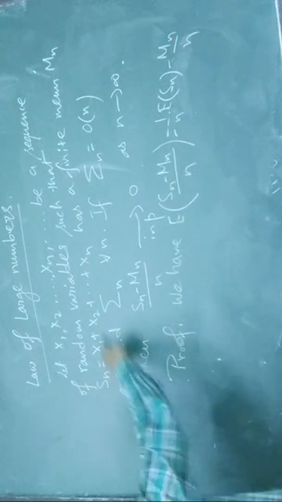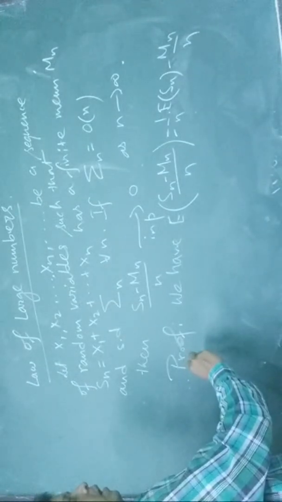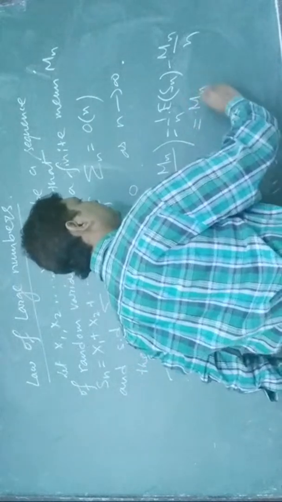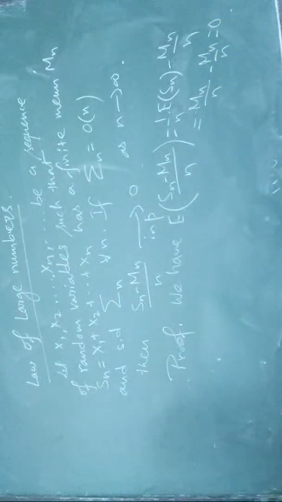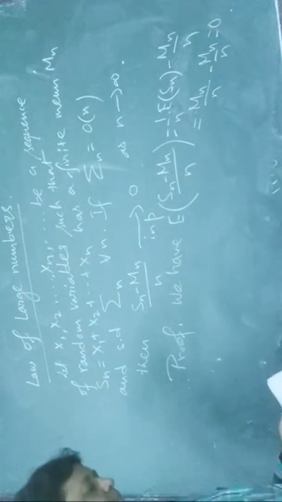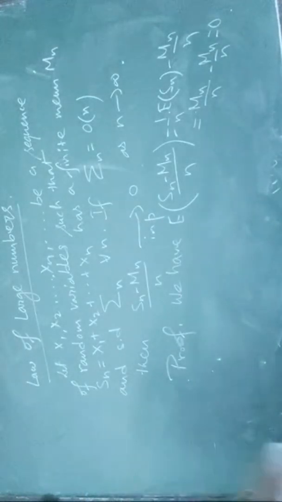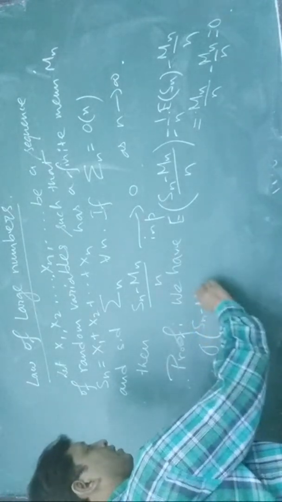So let me calculate expectation of Sn. Your Sn is this one. Sir has already said it has a finite mean Mn. Okay, that is the mean. And what is the standard deviation? That means you have to calculate sigma of Sn minus Mn by n.